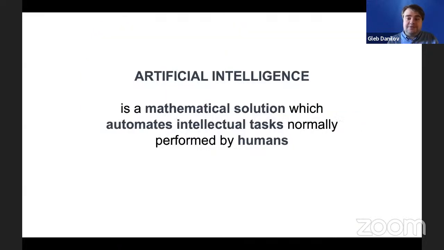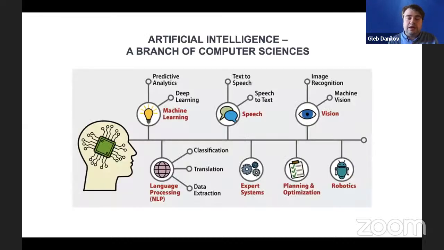A formal definition for artificial intelligence may be a mathematical solution which automates intellectual tasks normally performed by humans. At the same time, the term artificial intelligence is used to name a branch of computer science that focuses on creating intelligent machines that act like human beings in some way.